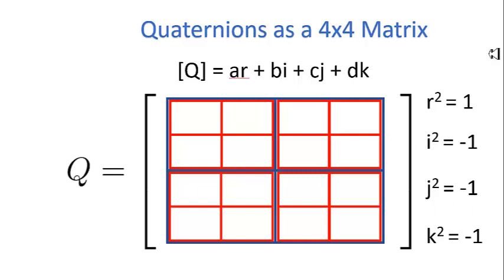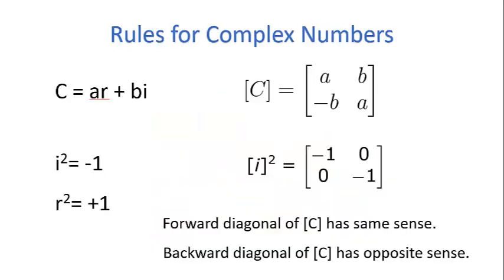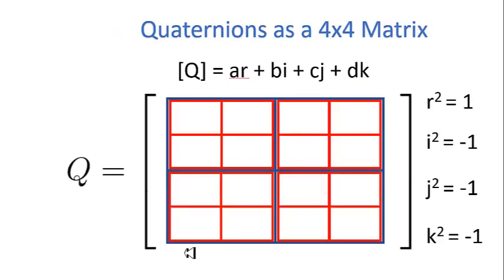We know that the real number squared has to equal 1, so I wanted it to satisfy the rules I set out earlier, where the real number squared is equal to 1s on the forward diagonal, and the imaginary number squared is equal to minus 1s on the forward diagonal. That is what I tried to accomplish here.